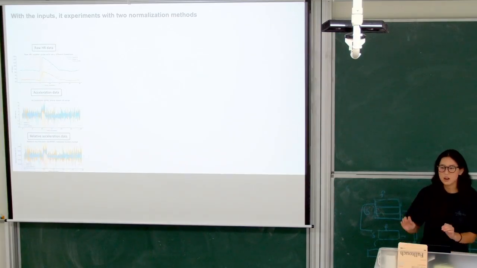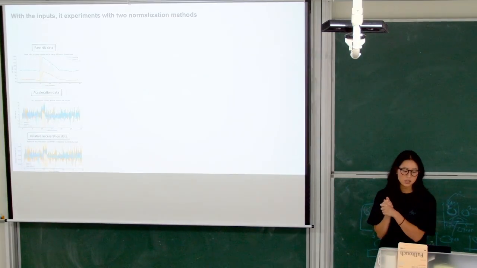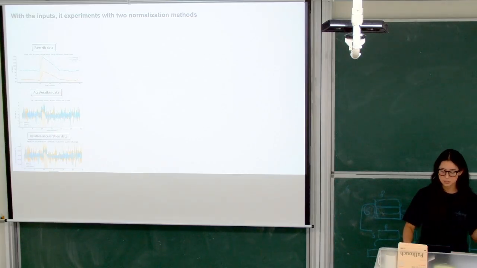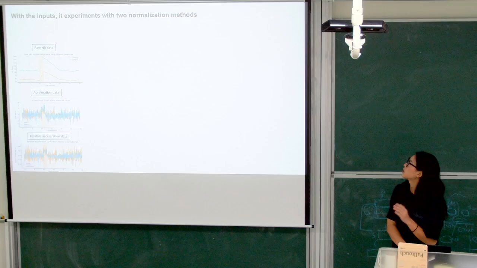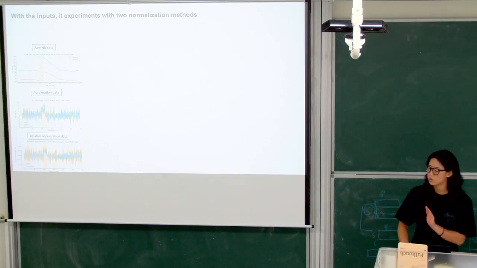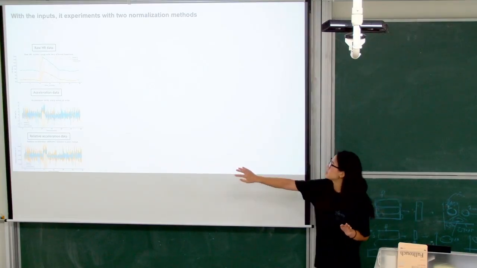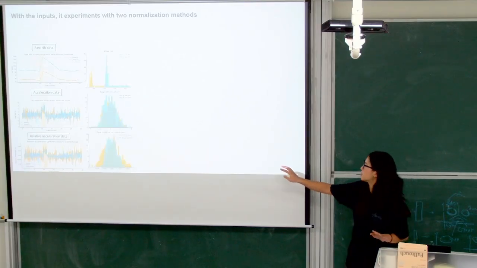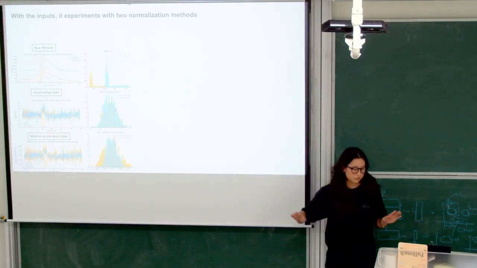Like other models, this paper also normalizes the data, and it uses two different normalization method options. Before I get to that, if we have this data, we can represent it as a distribution like this.